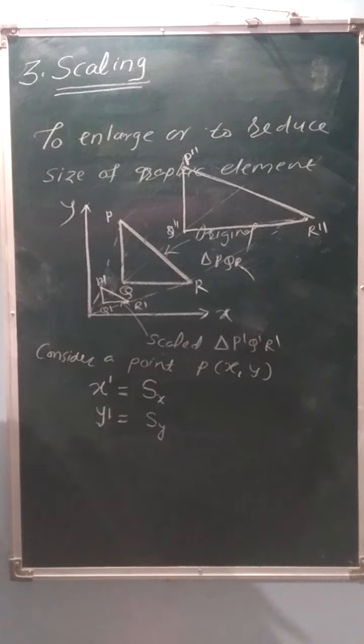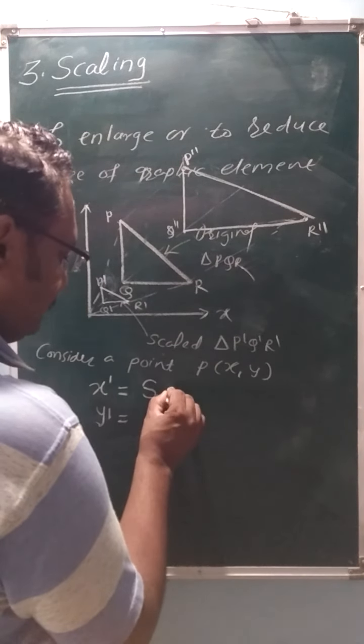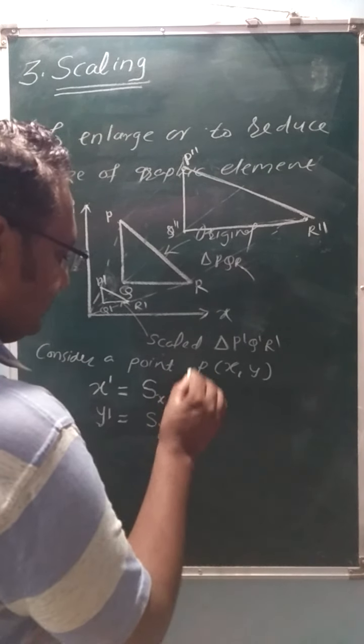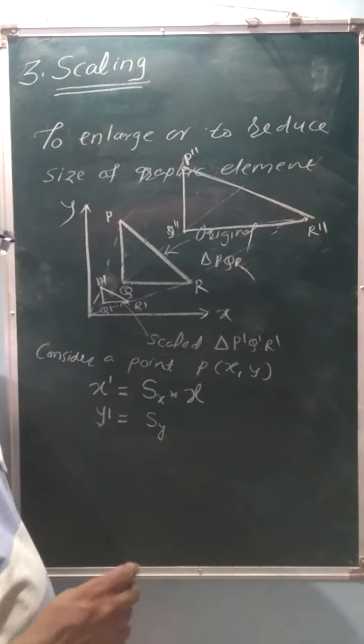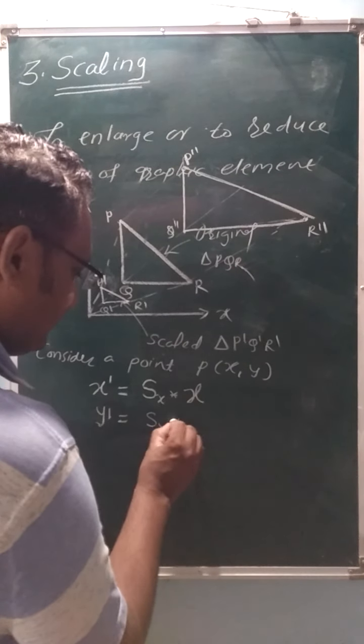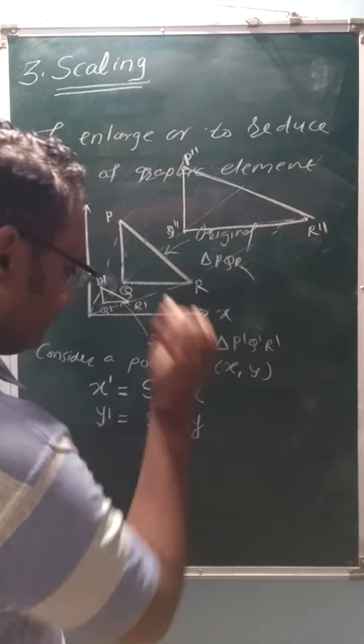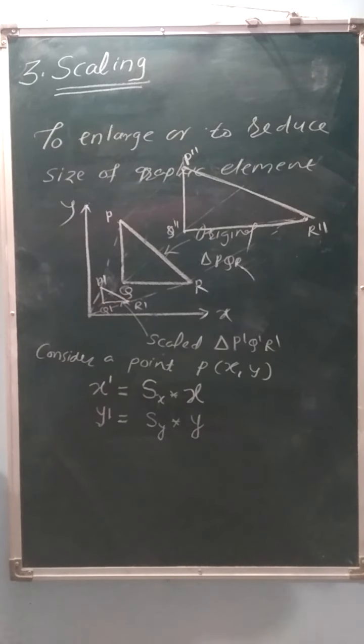So x dash equals Sx into x, and y dash equals Sy into y.